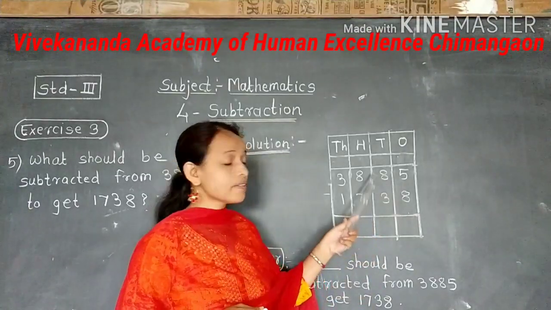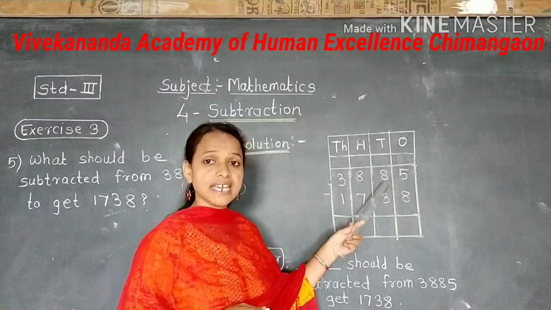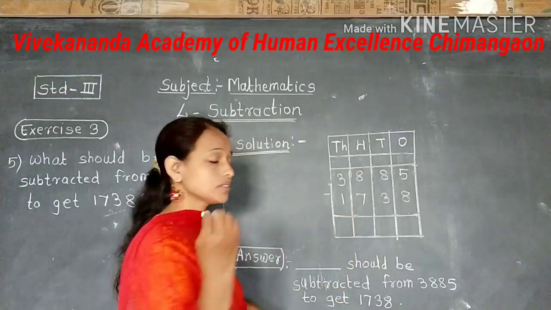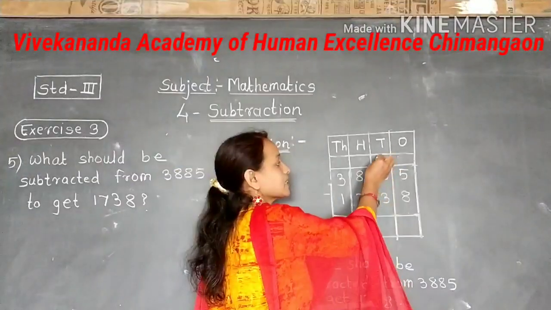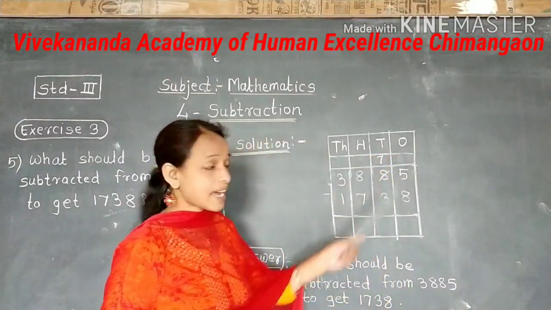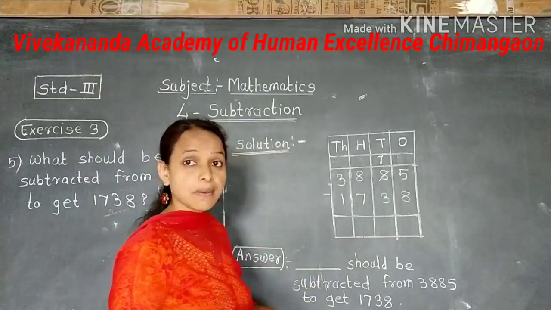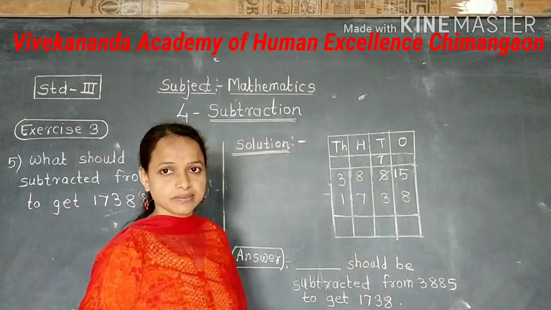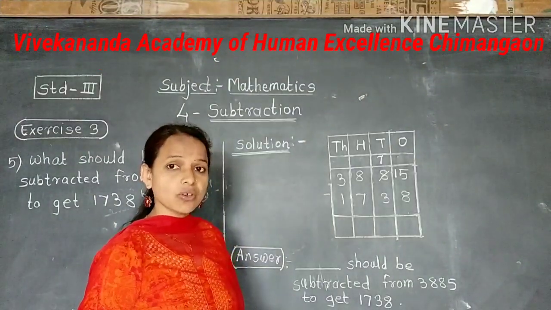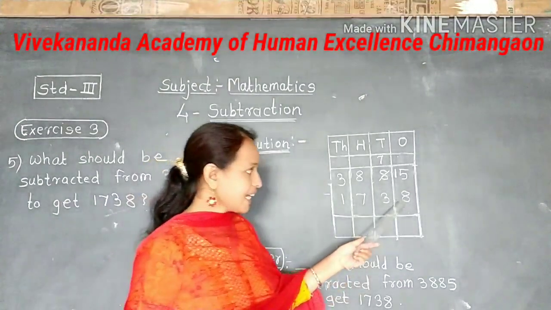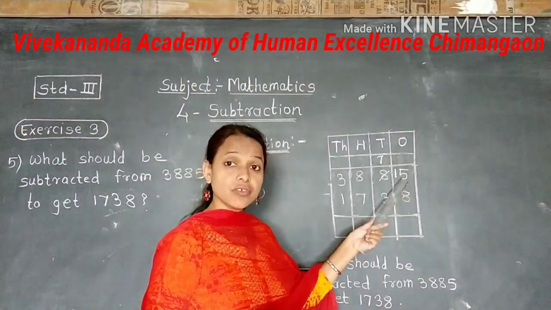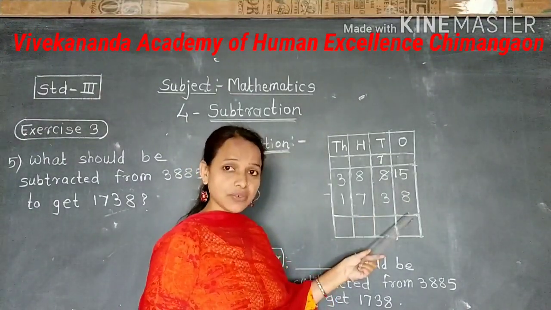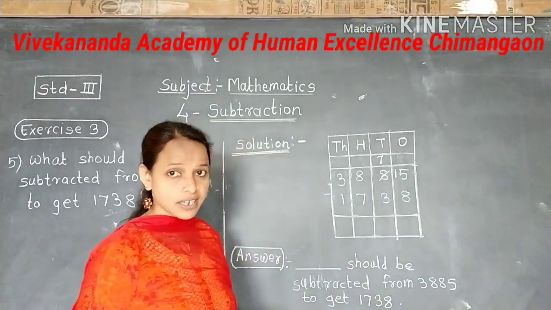We borrow 1 ten from 8 tens. 8 minus 1 remains 7, and the 5 ones become 15 ones. Now we can subtract 8 ones from 15 ones. 15 ones minus 8 ones remain 7 ones.